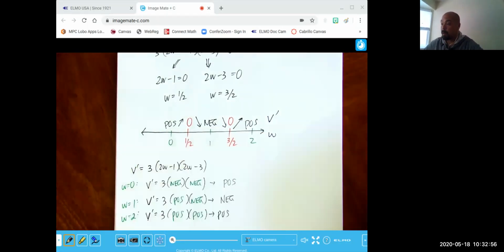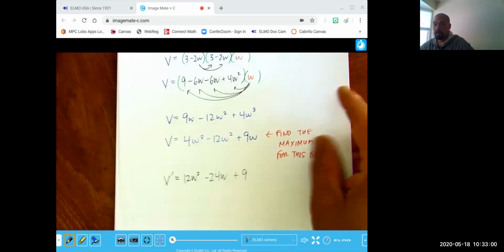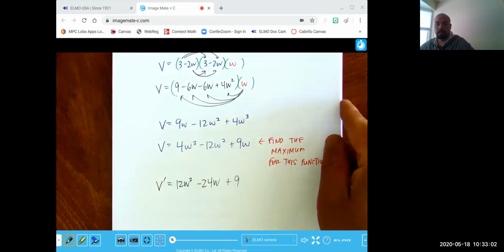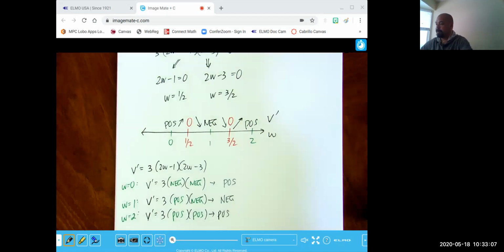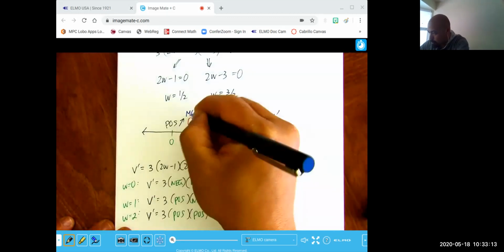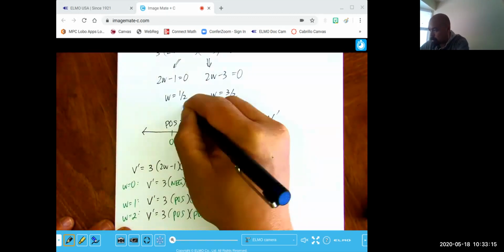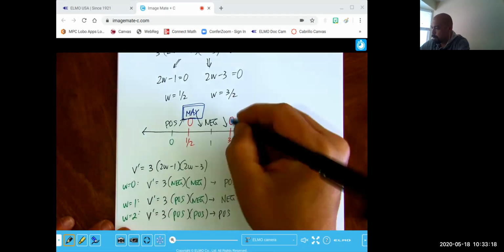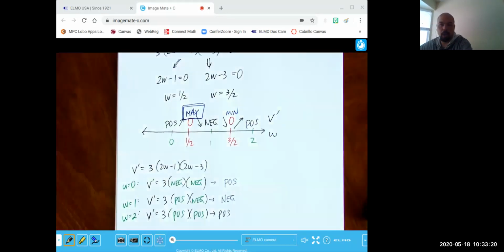We're focused on where we're going to maximize that volume, right? So we're looking for, in this case, that maximum, right? Minimum, we don't want.